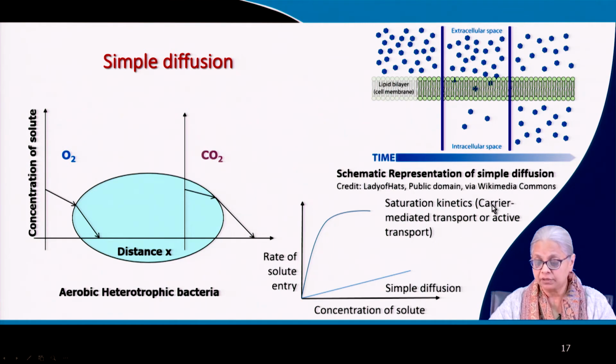And when you have carrier mediated, carrier meaning proteins, the transmembrane proteins are the carriers, and this carrier mediated transport or active transport will allow a much higher rate of solute entry. So the solute, which may be glucose or any other organic molecule, will have a very high rate of solute entry. So this is the graph that you're likely to see, and this is saturation kinetics.